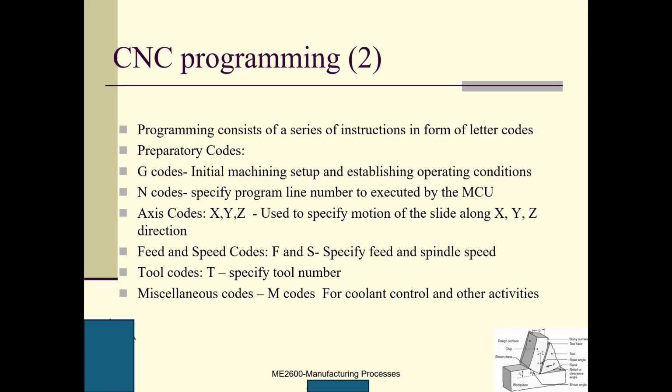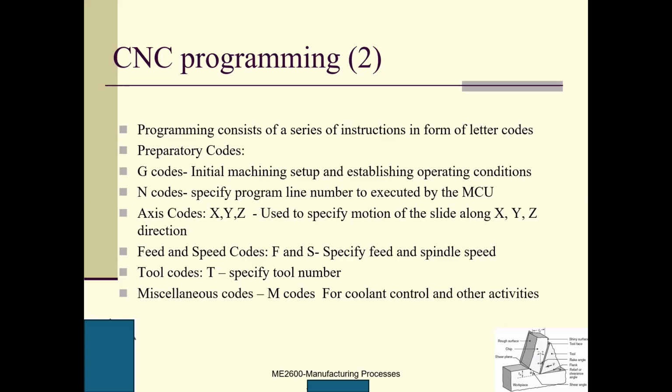N code is a line number. Then the axis codes X, Y, Z specify motion of the slide along the X, Y, Z directions. Also the feed and speed codes, F and S, are very intuitive: F stands for feed, S stands for speed, specifying feed and spindle speed.